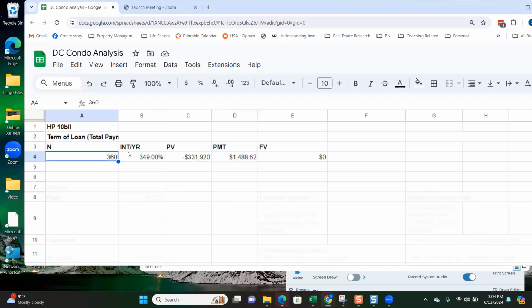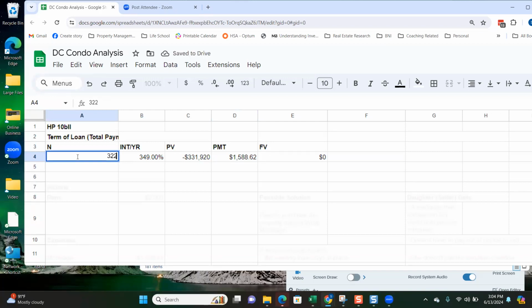Now, we can play with other things as well. You can figure out, okay, if I make my payments $100 more per month, so I type into the calculator 1588.62. And then I hit the PMT key. Then I go back and I hit N again.